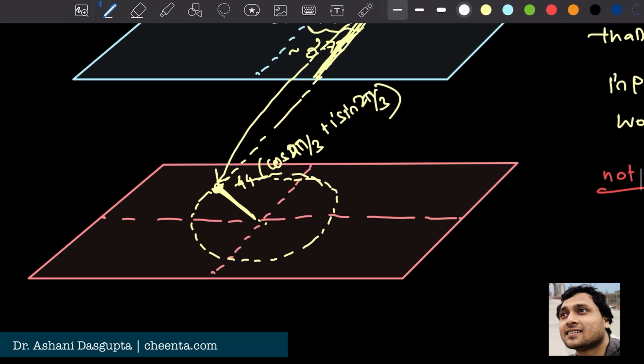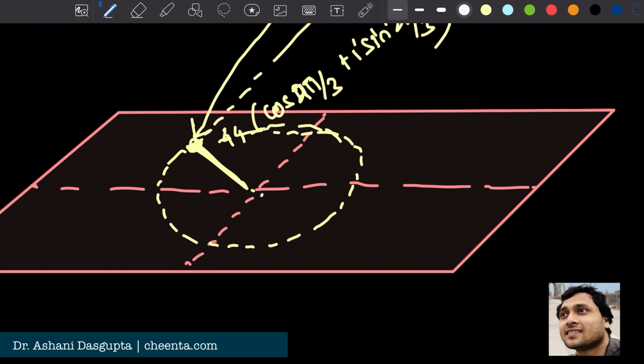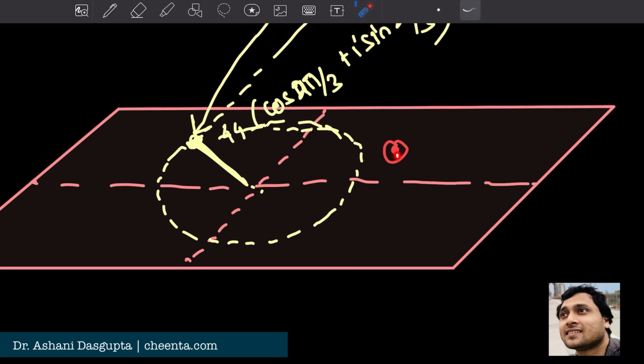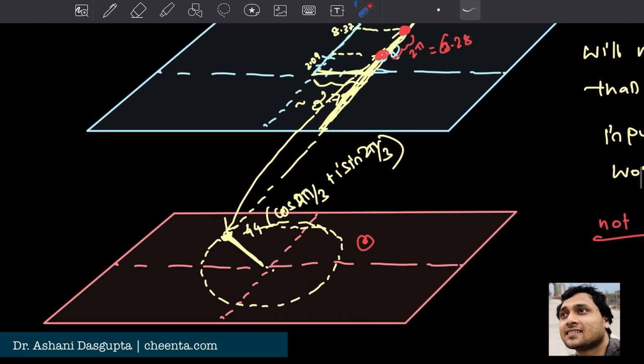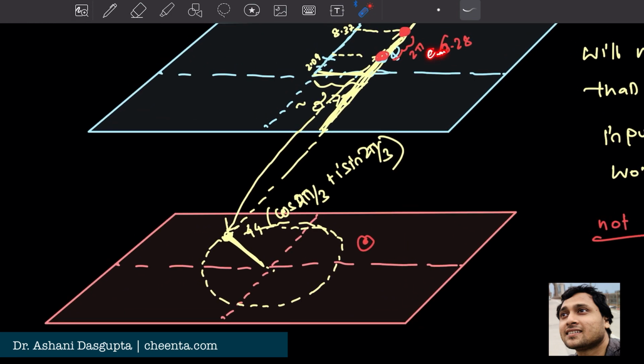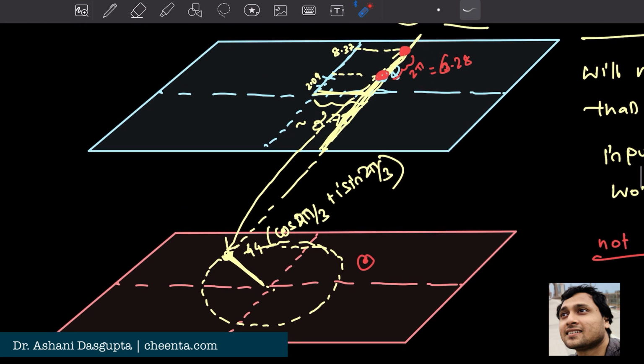So you will be able to find some point here in the downstairs, maybe this one, for which we won't be able to figure out an input point upstairs. That means no input point upstairs can produce this particular point.